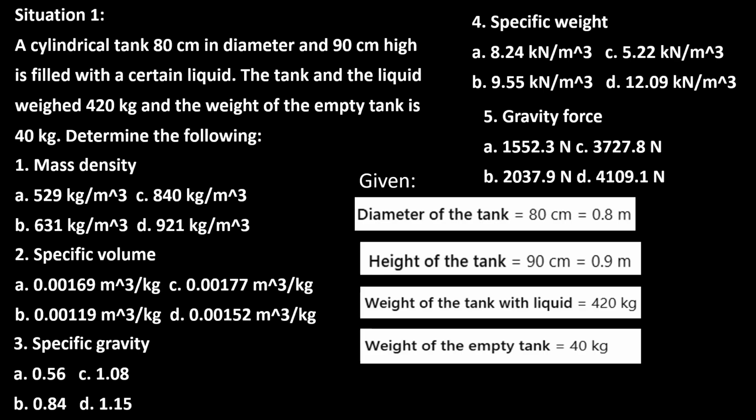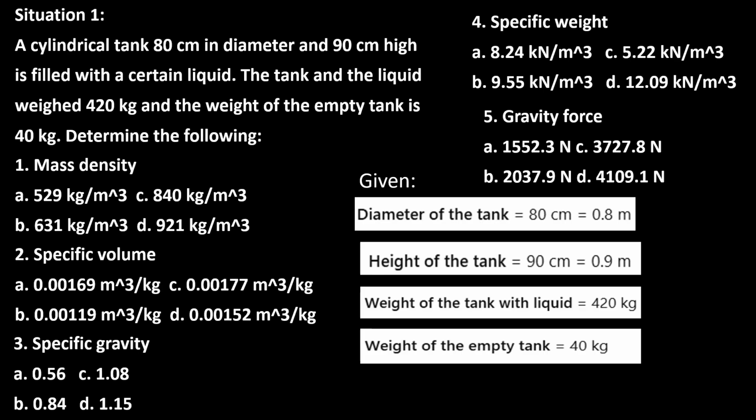By the way, take note of this. The best way of mentioning 420 kilogram and 40 kilogram is like this. The mass of the tank with the liquid is equal to 420 kilograms. Since the unit is kilogram, therefore it is a mass. And then the mass of the empty tank is equal to 40 kilogram, not weight of the empty tank.